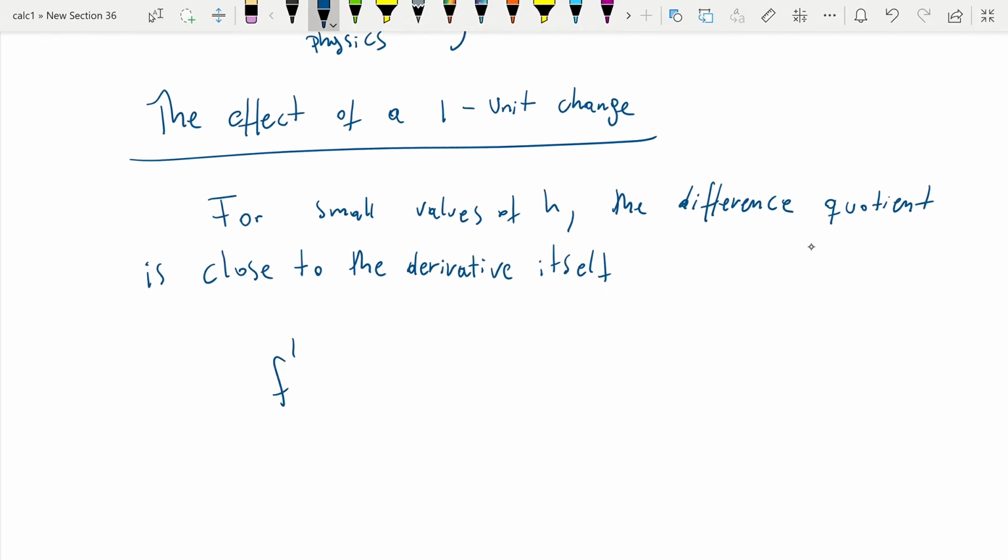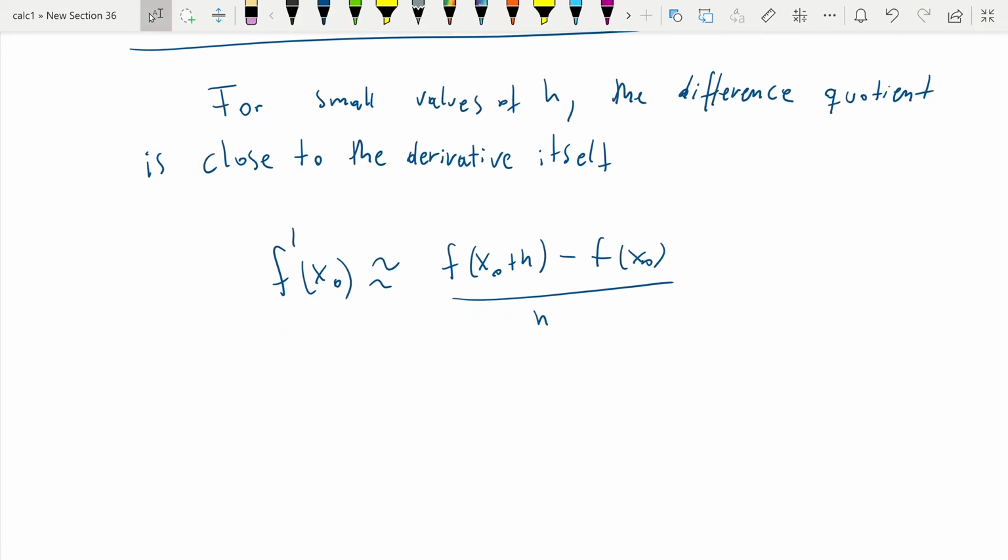This brings us back to the previous video. The f prime of x naught is well approximated by this quotient. This is the second form of the derivative, if you remember, if we take h going to 0. So for small values of h, this should be a good approximation.